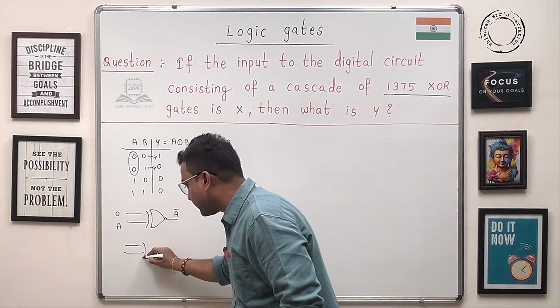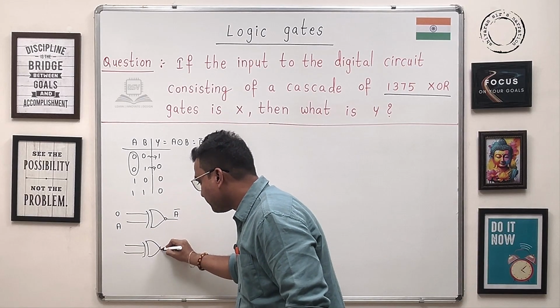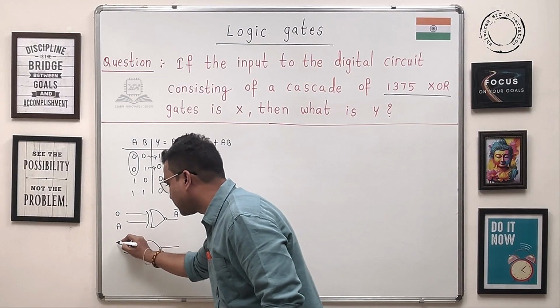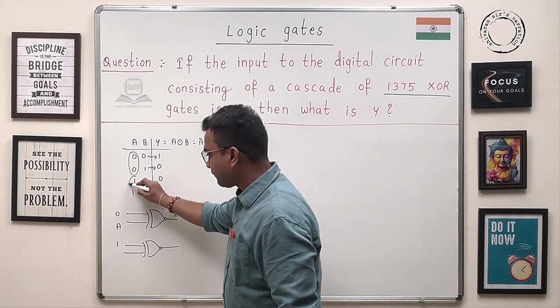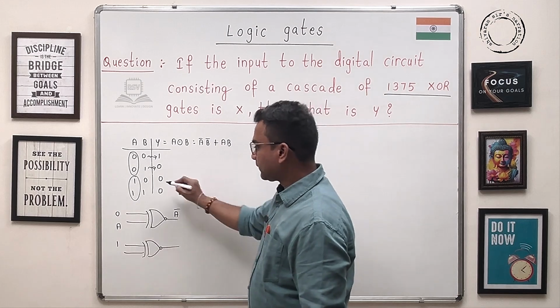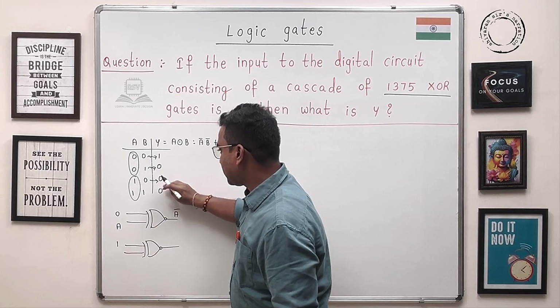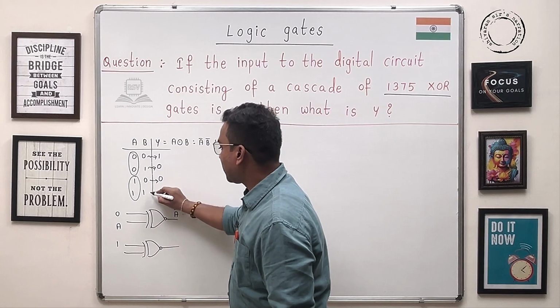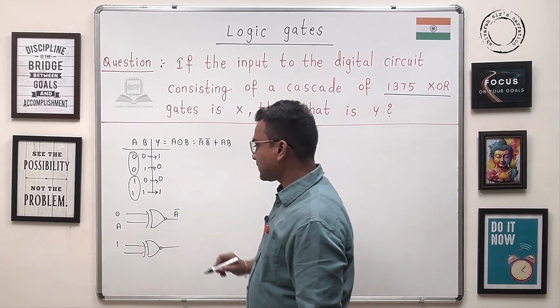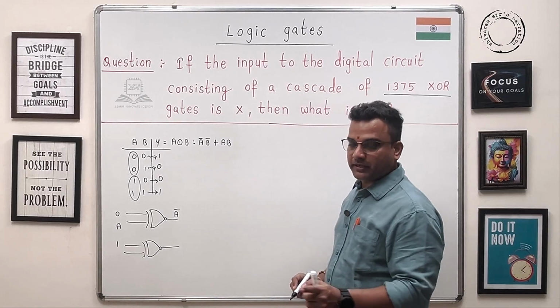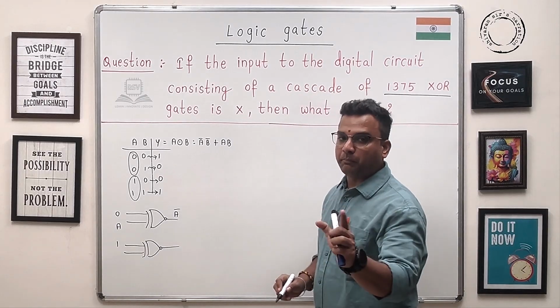Similarly, you take an XNOR gate and make one of the inputs logic 1. See here, if one of the inputs is logic 1, then output is the same as the other input, that means it is used as a buffer.